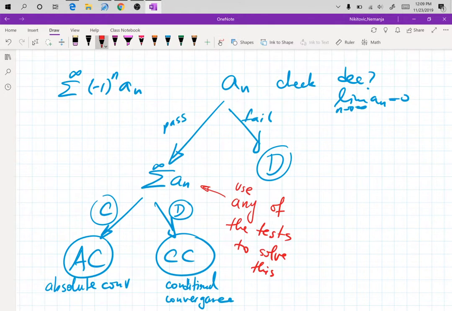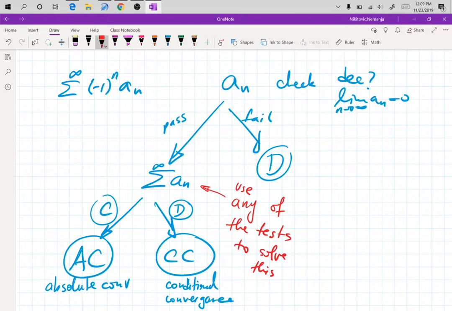Now, when I say any of the tests, I said 9, and you know there are 10; well, this is the alternating series test. You already took off the alternation, so it can't be alternating. It can be any of the other 9 tests. The only one it can't be is alternating, because we killed it here. All right. Anything else?